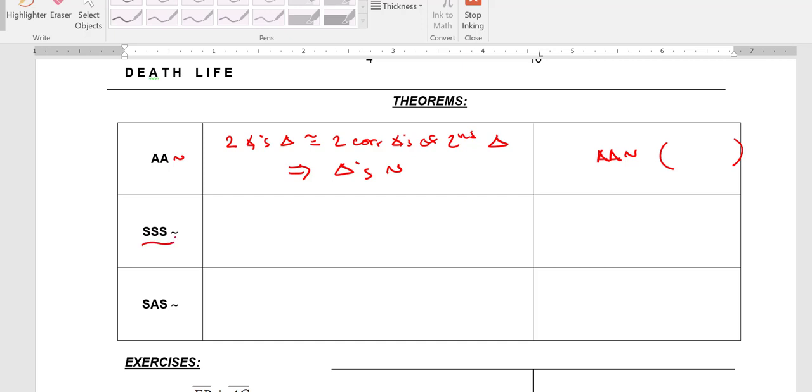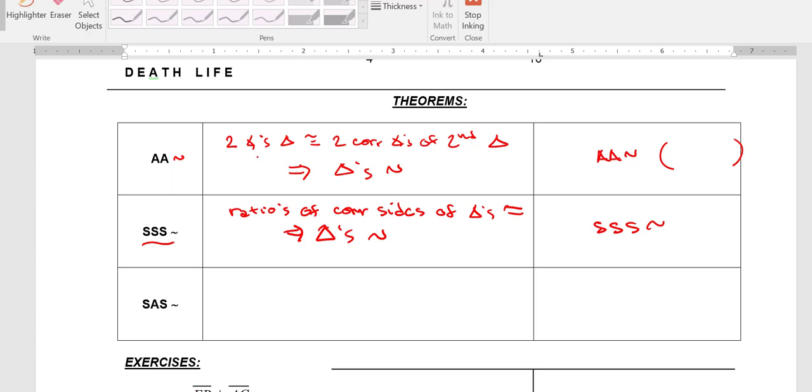SSS is basically if the ratios of the corresponding sides of the triangles are equal, then the triangles are similar. And again, you can use SSS similarity.